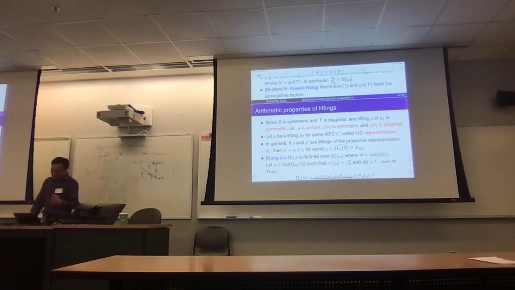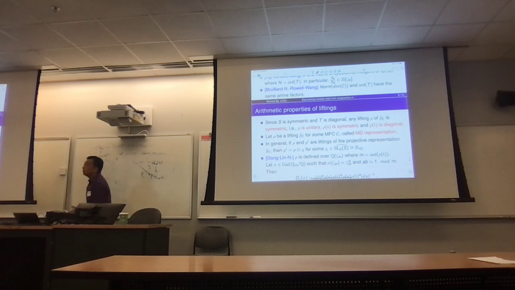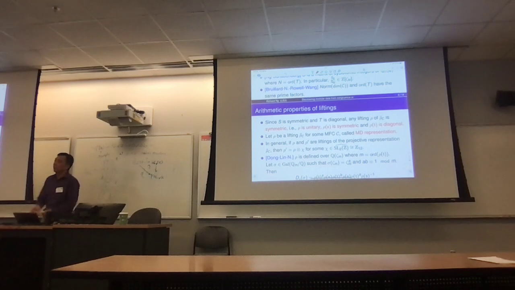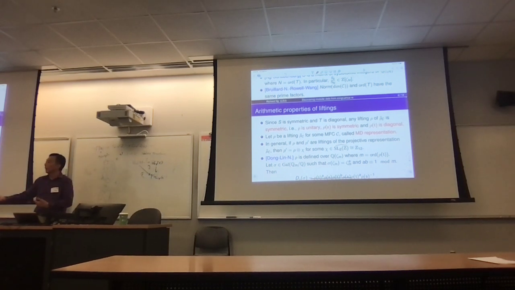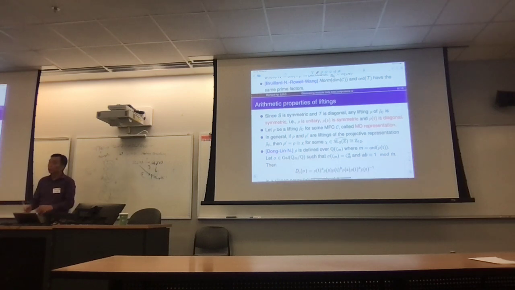So S is a symmetric matrix, T is a diagonal matrix. This is the way I define it. When you lift them, they are still symmetric and diagonal. Moreover, with the lifting, they are all unitary. So I specifically call this kind of representation a symmetric representation.